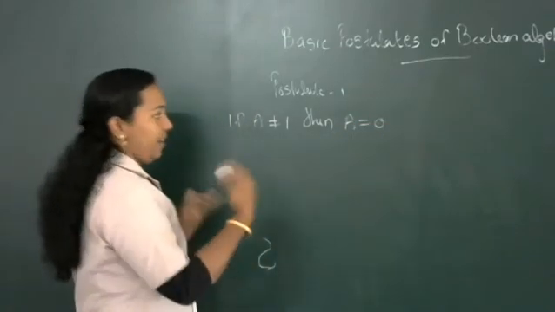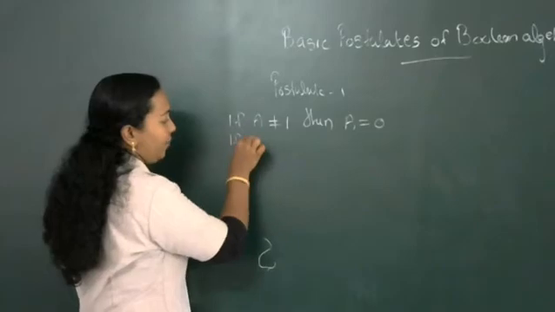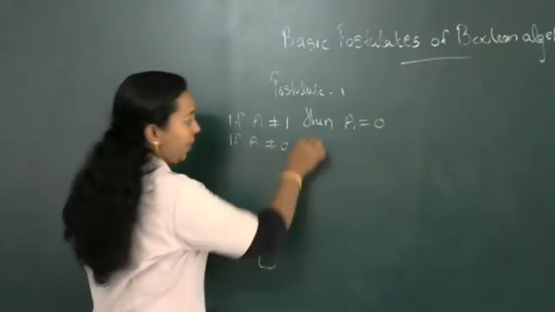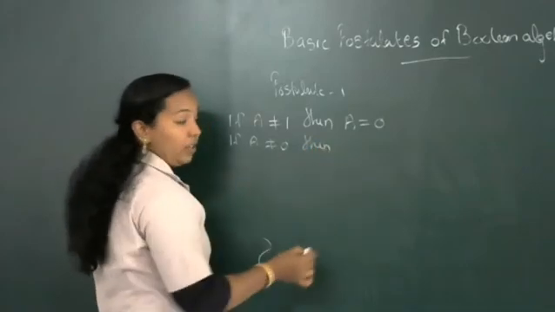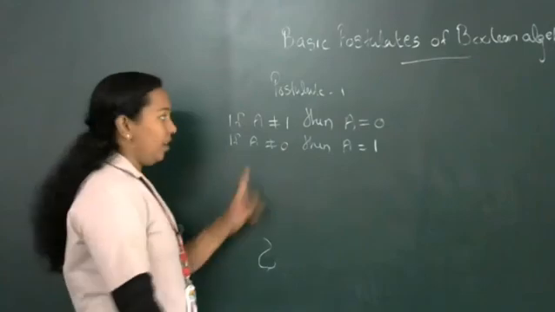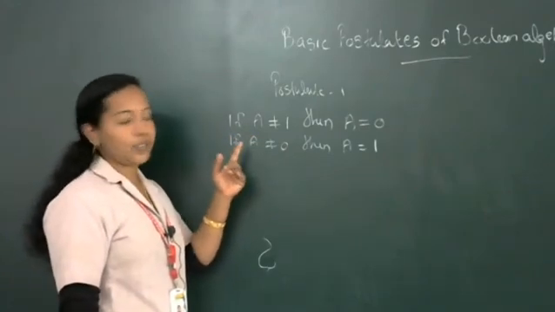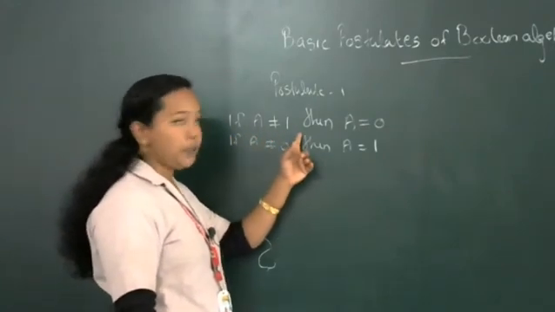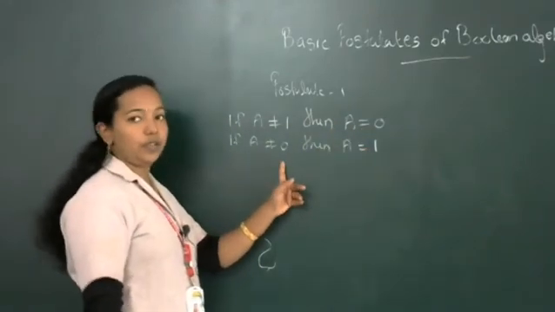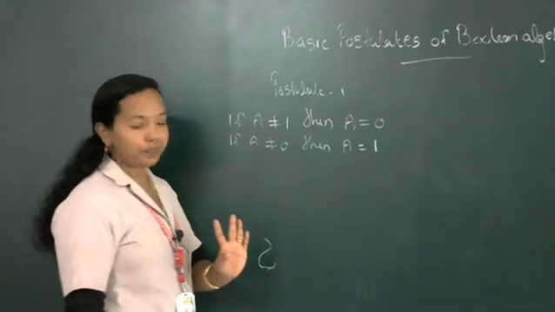Then another condition: if A not equal to 0, then what will be the value of A in Boolean algebra? A equal to 1. That is the first theorem or first postulate. If A not equal to 1, then A equal to 0. If A not equal to 0, then A is equal to 1.